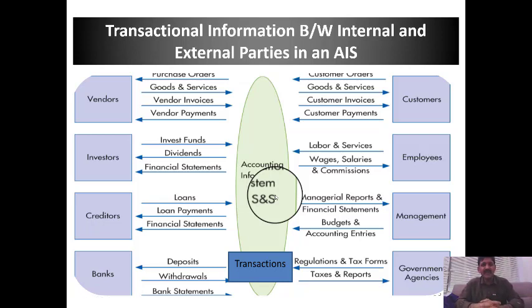With the bank, if there is a bank in our accounting information system, like we deposited money in the bank, we need a journal entry to record that transaction. So whenever we deposit money, we record the information in the accounting information system. When we draw money, we record the deal or the transaction in the accounting information system.